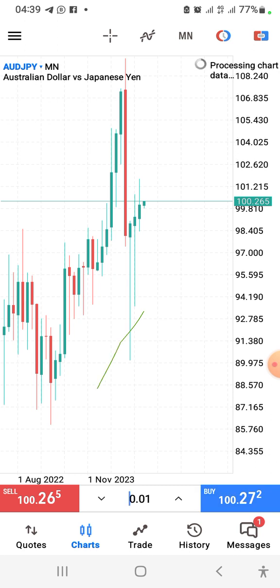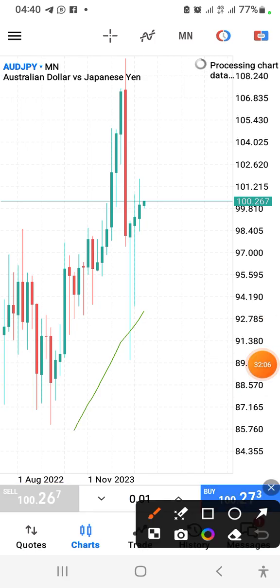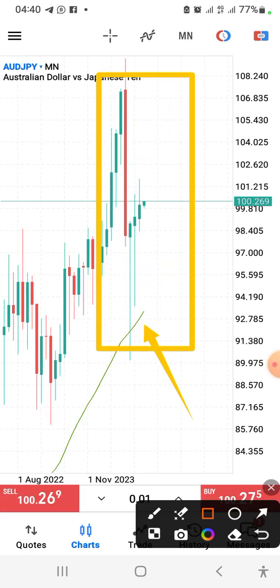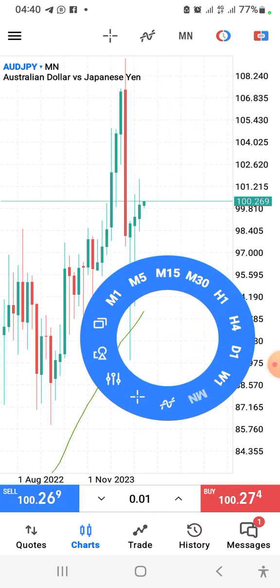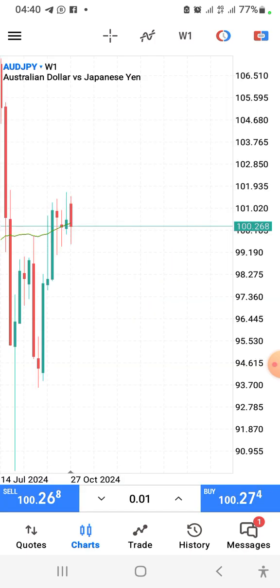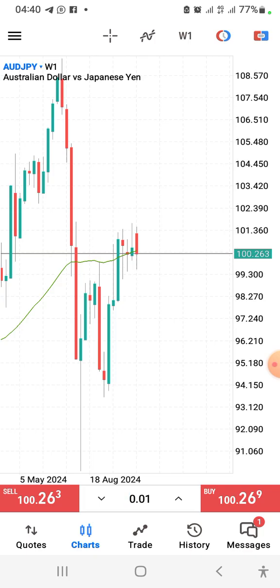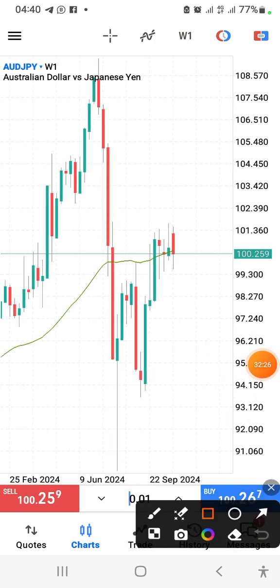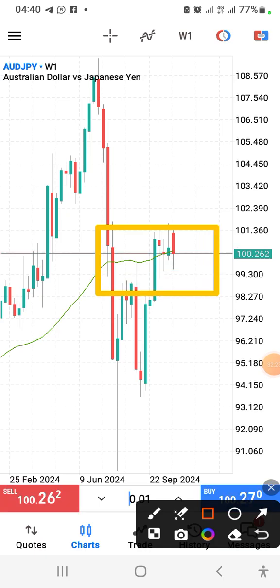Now, on this particular pair, Australian dollar, Japanese yen, you can see that the moving average is pointing to the upside. The candlesticks are above the moving average, which tells us that we are to buy. Then going straight to the weekly, the moving average is inside the candlestick.